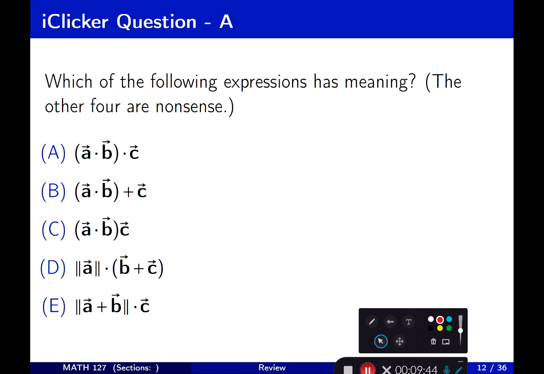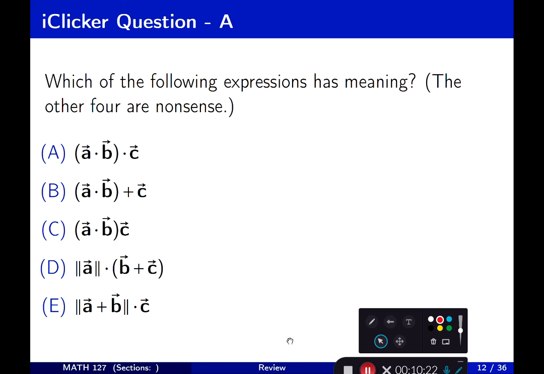Option A: vector A dot vector B dot vector C. Option B: vector A dot vector B plus vector C. Option C: vector A dot vector B times vector C. D: the magnitude of vector A dot B plus C, vector B plus C, vector C. E: the magnitude of A plus B dot vector C.